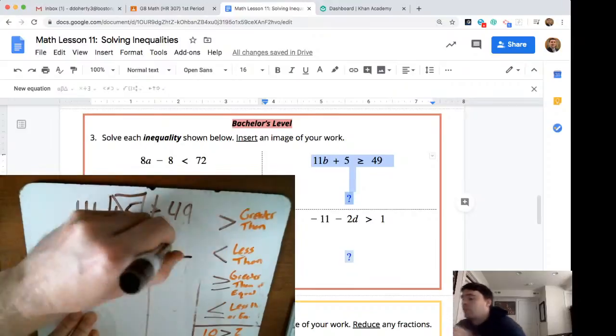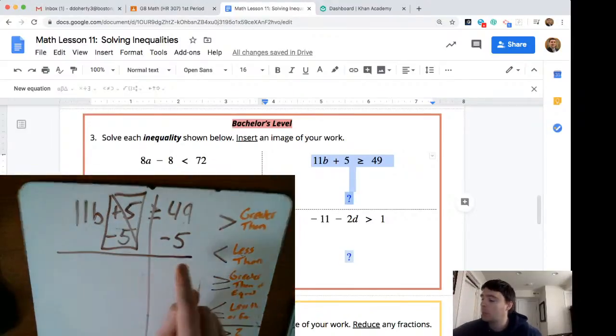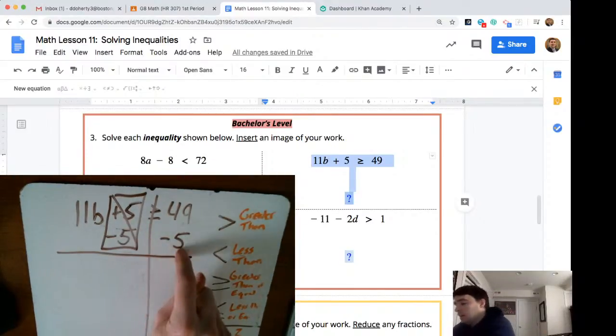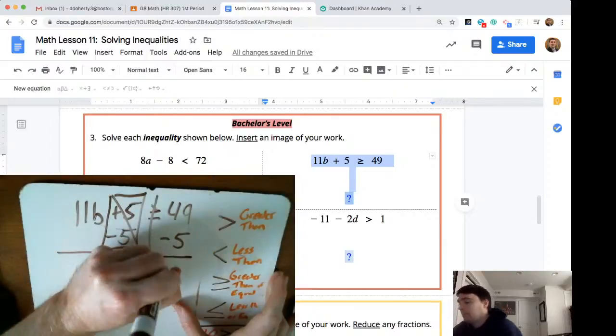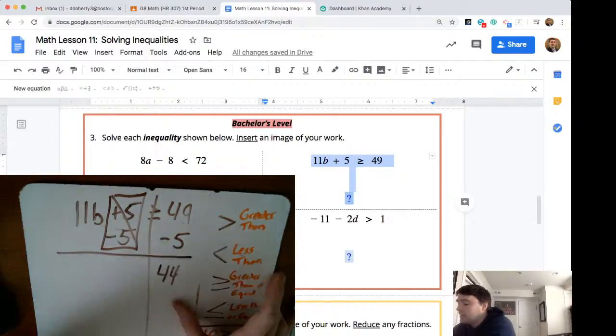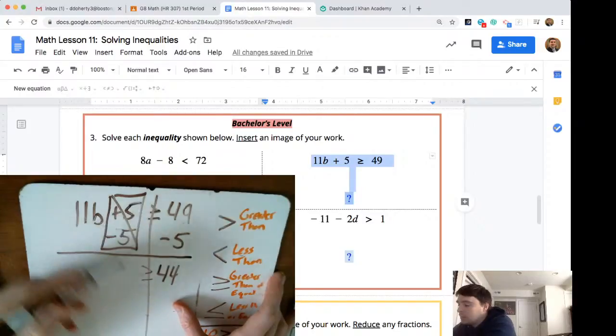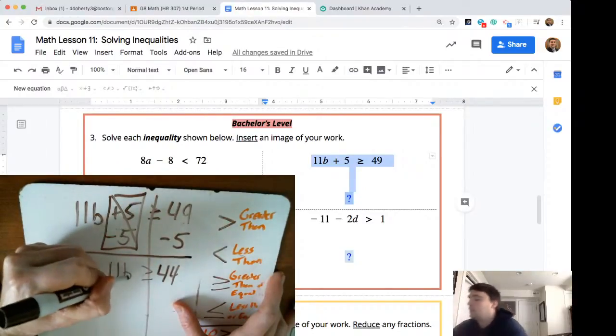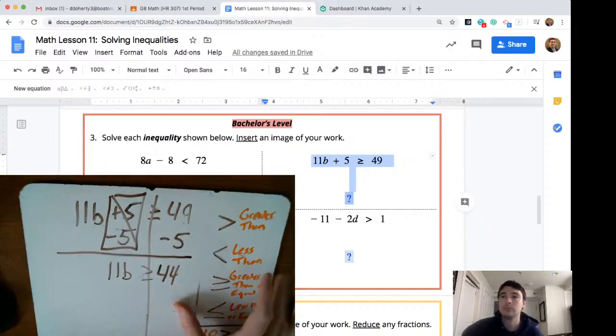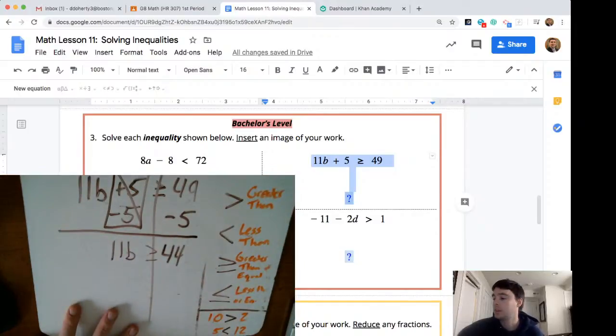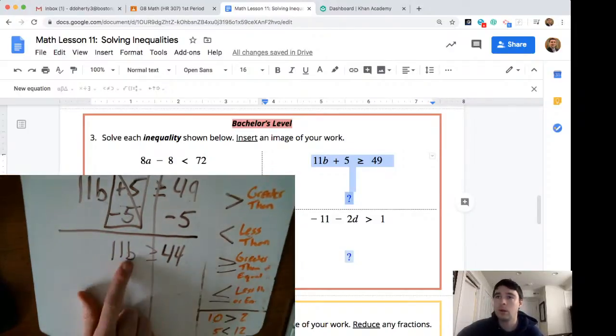I'm also going to subtract 5 on the right side of this inequality. 49 minus 5 is going to give us 44. That greater than or equal to sign stays the same, and all that we have in the left expression now is 11b.